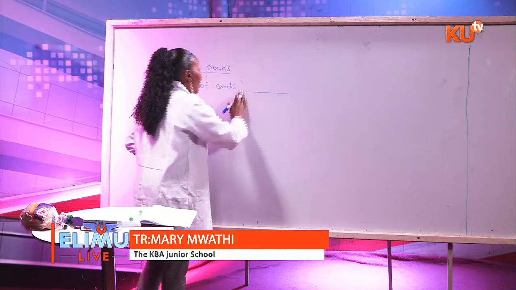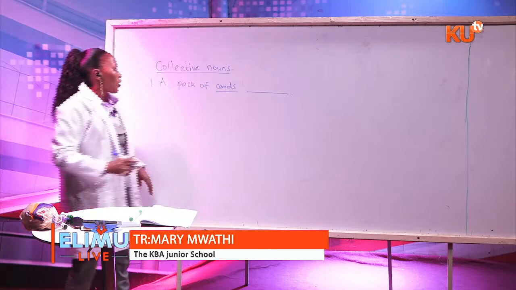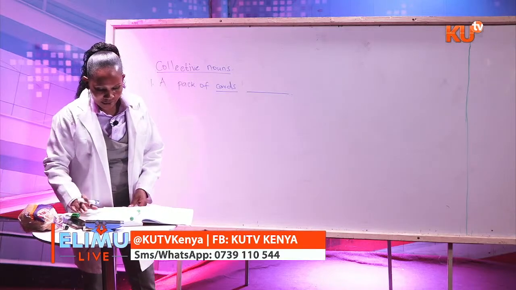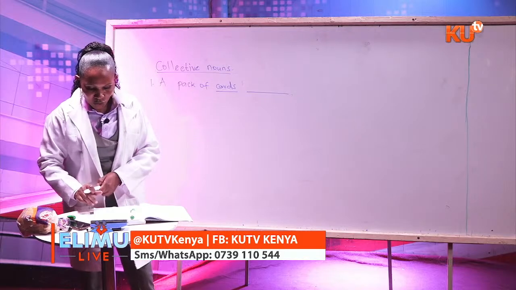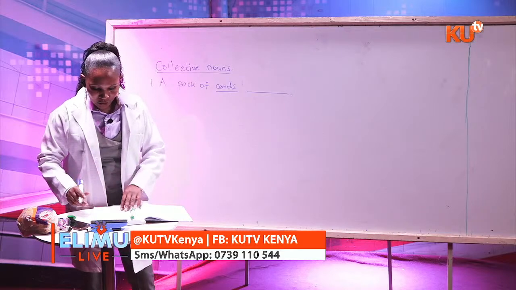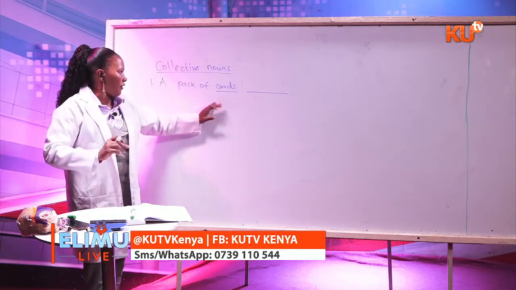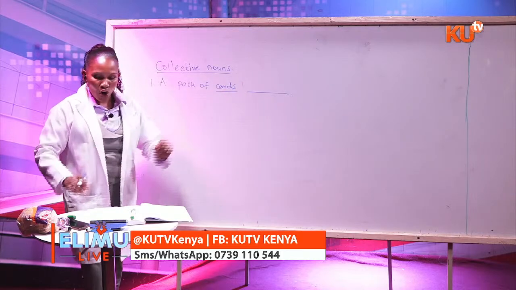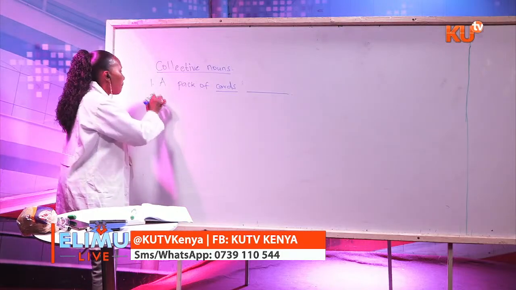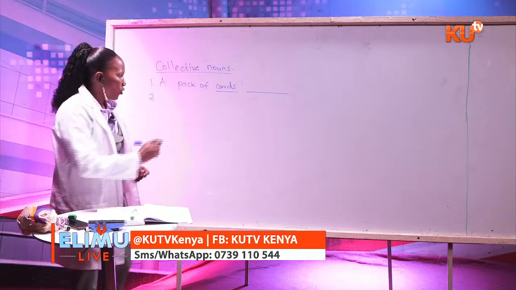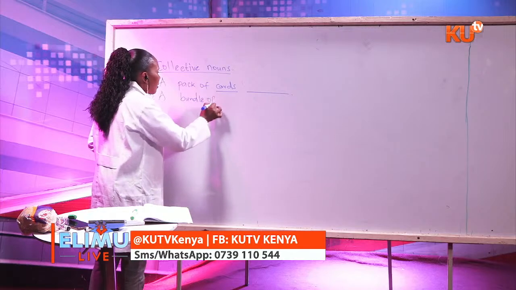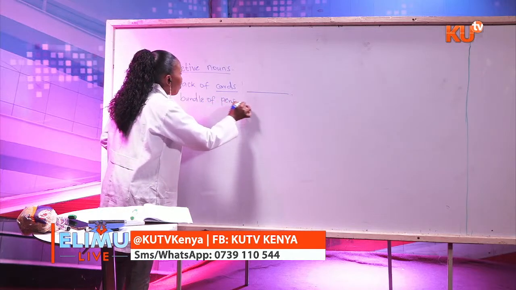You will answer, is it classified according to things, people, or animals? Number 2, we have a bundle of pencils.